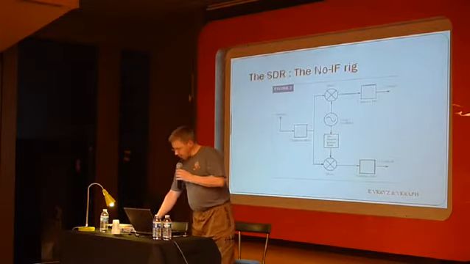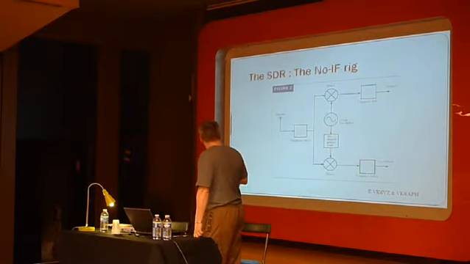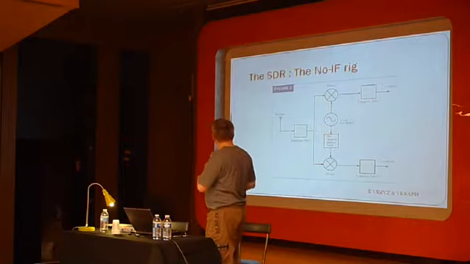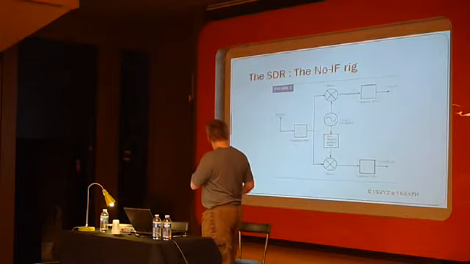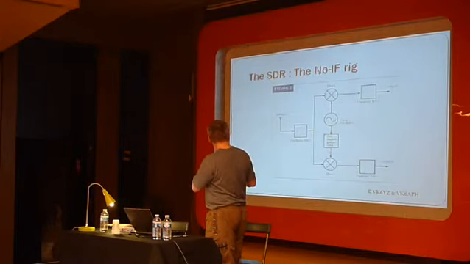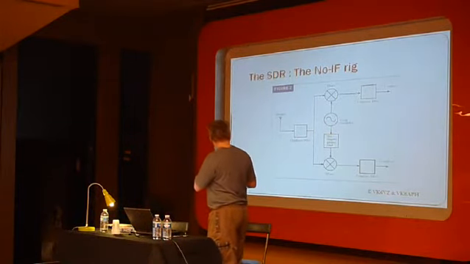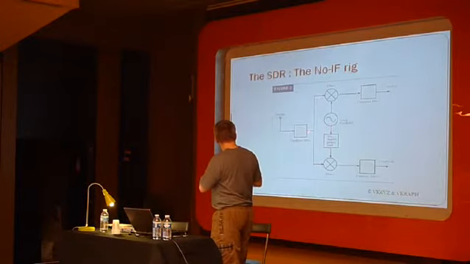The second big invention of the beginning of the 90s was the SDR. What is SDR? It is exactly the same thing as the direct conversion receiver. That means we are using a local oscillator very close to the receiving frequency, but we are extracting two different signals from the antenna.